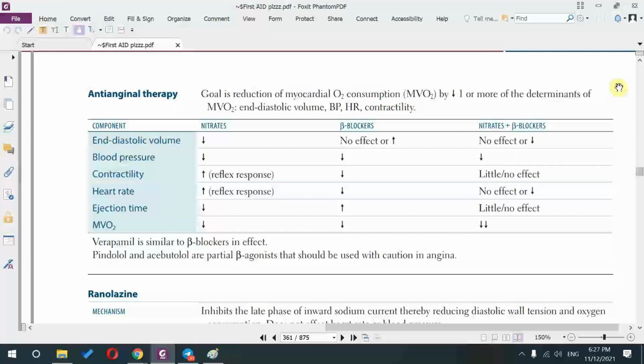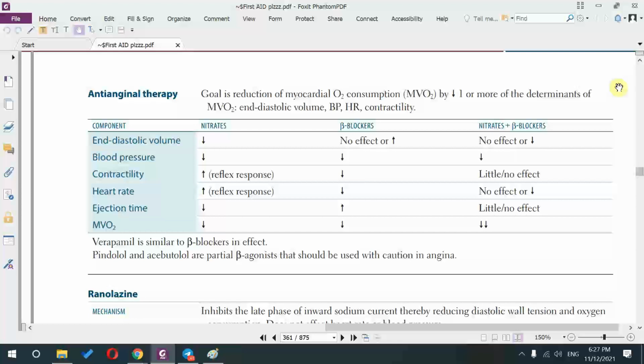But if this morning erection is existing, it is totally psychological. And the things you must do: first, check the psychological problems. Second, and it's the most important, check his medication. A lot of medication can cause that, like beta blockers.